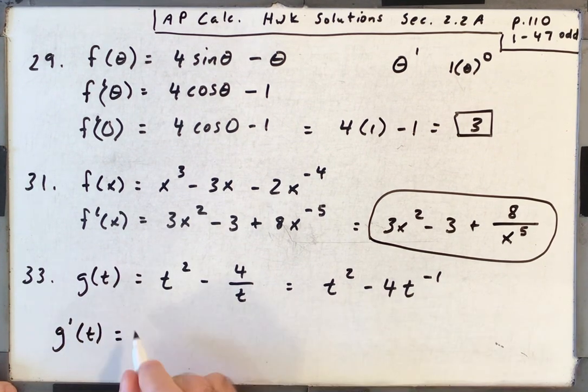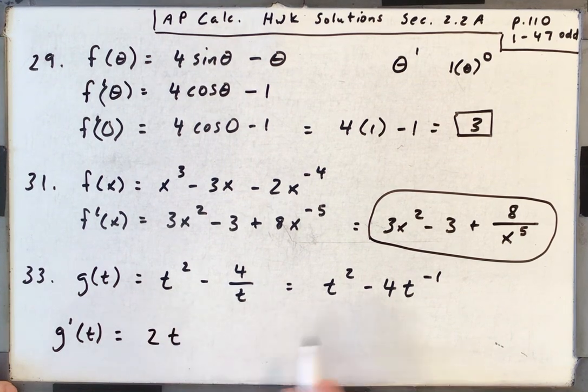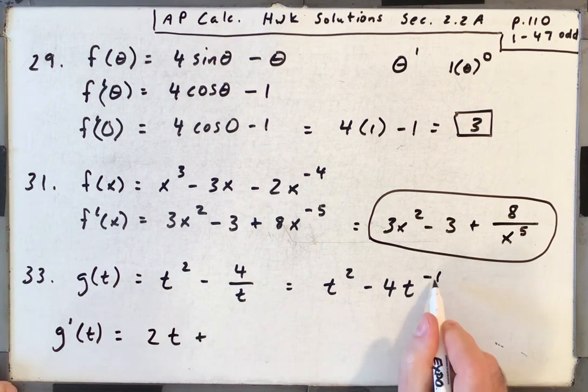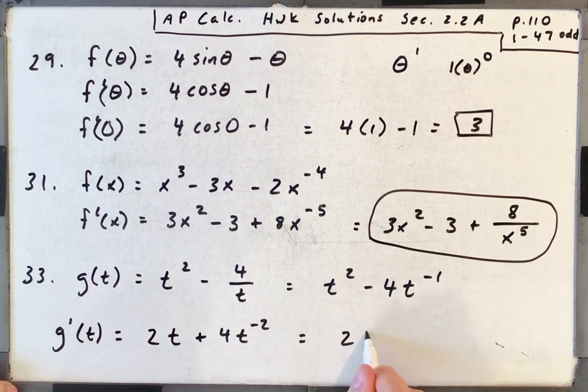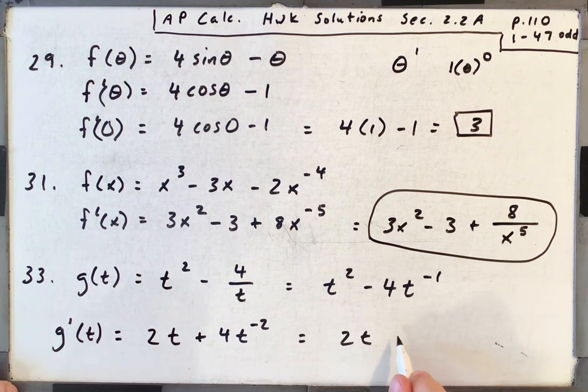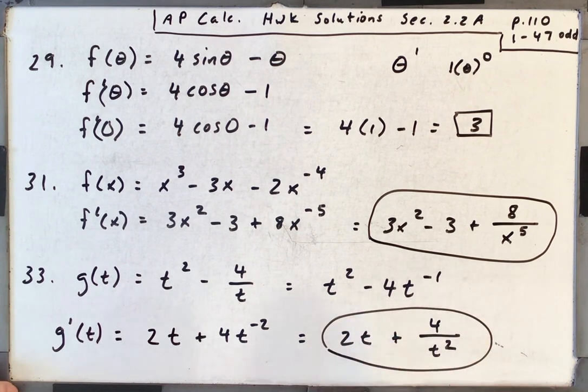So g prime of t would be 2t plus negative 1 times negative 4 would be plus 4t to the minus 2. Let's clean that up. That's 2t plus 4 over t squared.